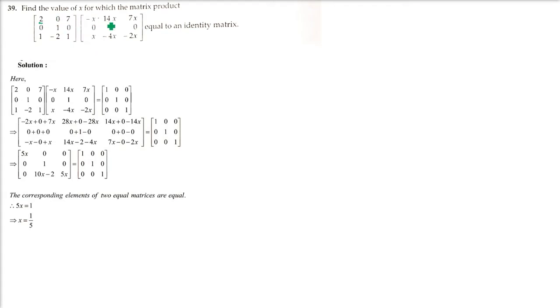So first row: 2 into minus x is minus 2x, 0 into 0, leave it, 7 into x, write it, 7x. 2 into 14x is 28x, then 0 into 1 is 0, 7 into minus 4x is minus 28x. The first row with third column: 2 into 7x is 14x, 0 into 0 is 0, 7 into minus 2 is minus 14x. Now second row with first column.